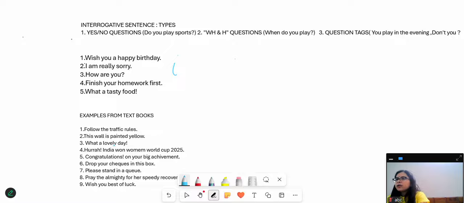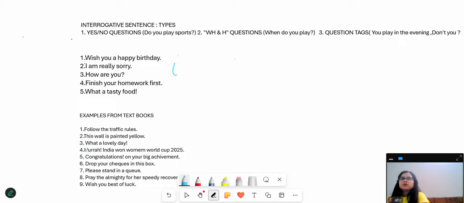The third one, what a lovely day. I have put an exclamation mark at the end of the sentence, with which also you can guess it's a kind of clue that it's an exclamatory sentence. Apart from this, someone's strong emotions are being expressed, so also this is an exclamatory sentence, right? Moving ahead, hurrah!